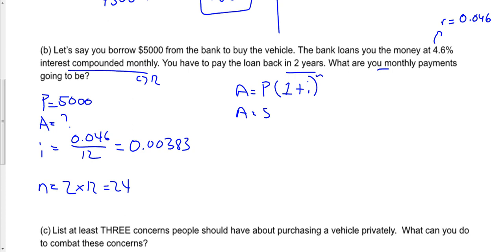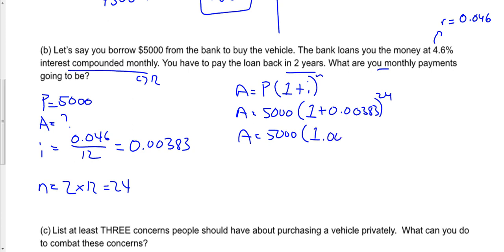Principal is going to be $5,000, times 1 plus 0.00383 to the exponent 24.